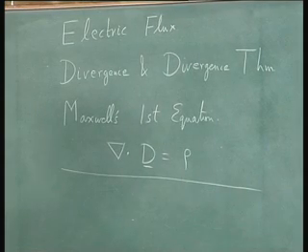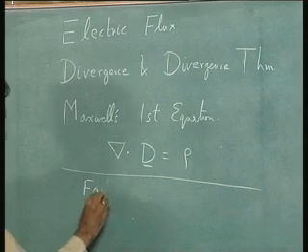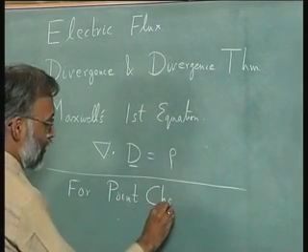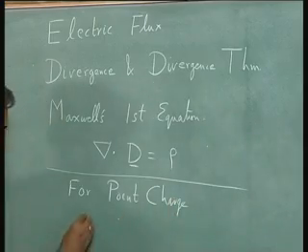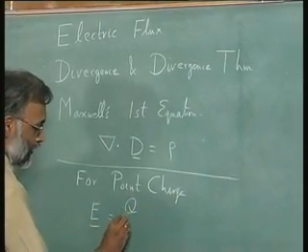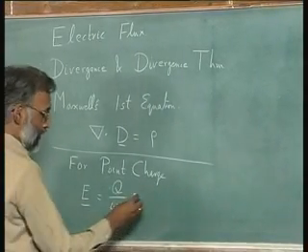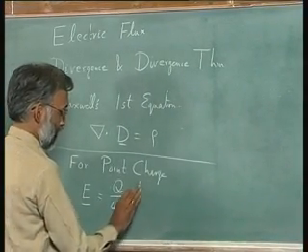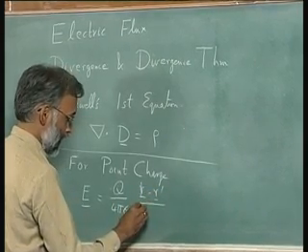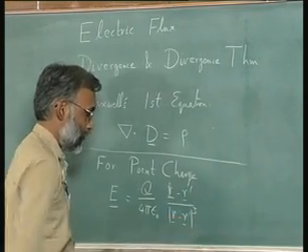We already know a few things. We know that for a point charge, the electric field is equal to the charge divided by 4 pi epsilon naught times r minus r prime divided by mod r minus r prime cubed.